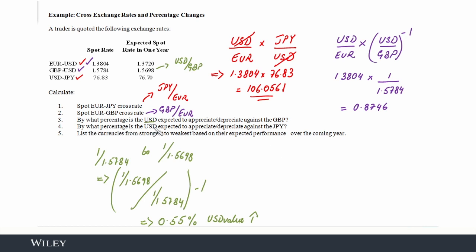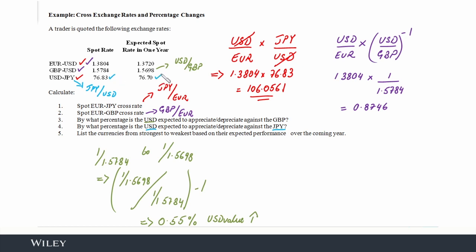By what percentage is the US dollar expected to appreciate or depreciate against the Japanese yen? So now we're working with the dollar-yen exchange rate. The dollar-yen exchange rate, the way it is presented to us, refers to the price of the dollar in terms of Japanese yen. Since we are required to determine the change in the value of the dollar, we have to work with changes in the price of the dollar, and these exchange rates actually present the change in the price of the dollar.